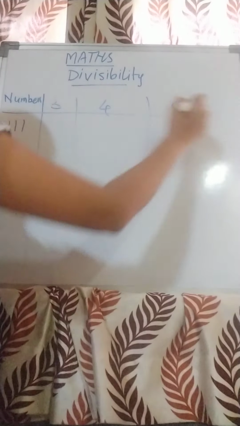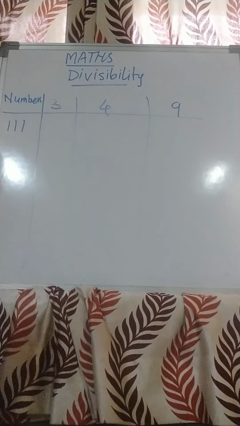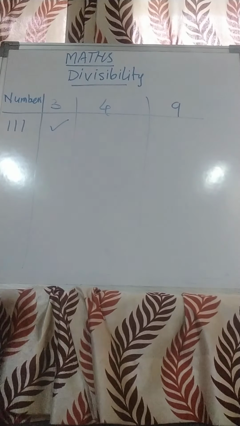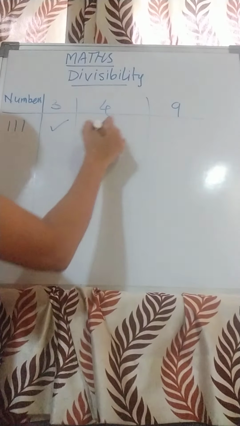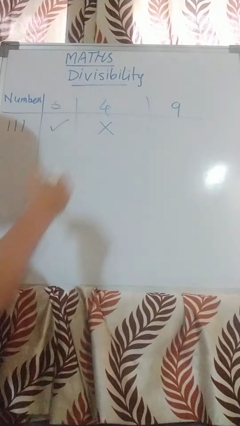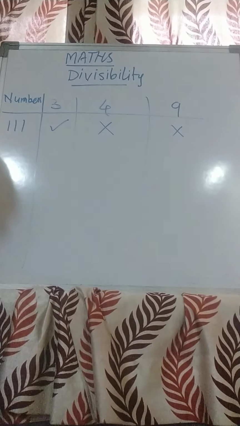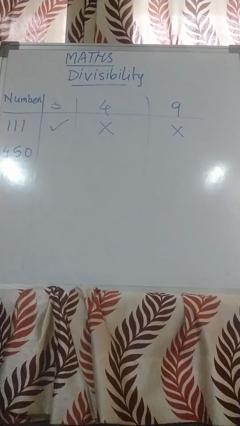In the 3's divisibility test, 1 plus 1 plus 1, 3. So it can be divided by 3. Can 11 divide by 4? No. So cross. Can this 3 divide by 9? No. So cross.